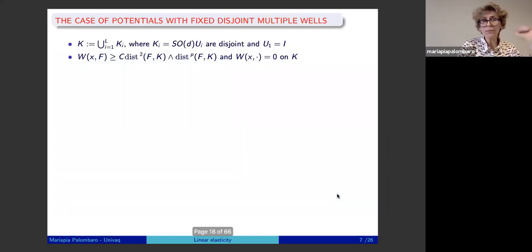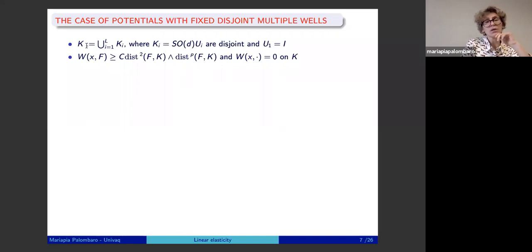Okay, the problem that we wanted to study is to generalize this, so to obtain linear elasticity for energies that are minimized on the union of several wells whose mutual distance is fixed and is of order 1.